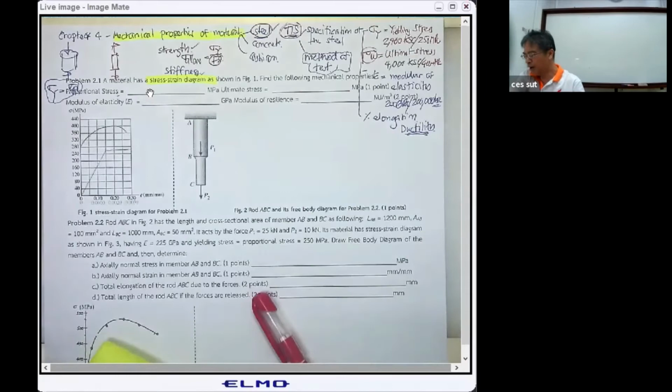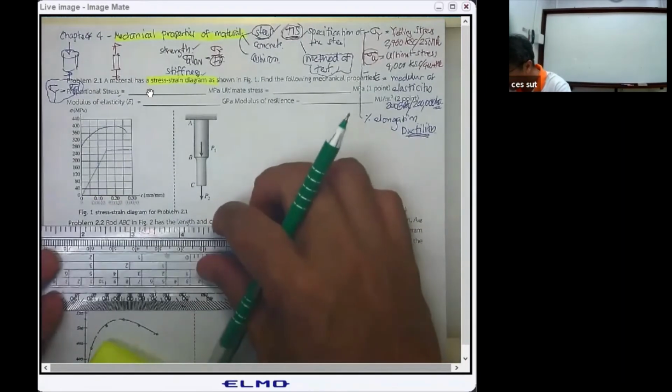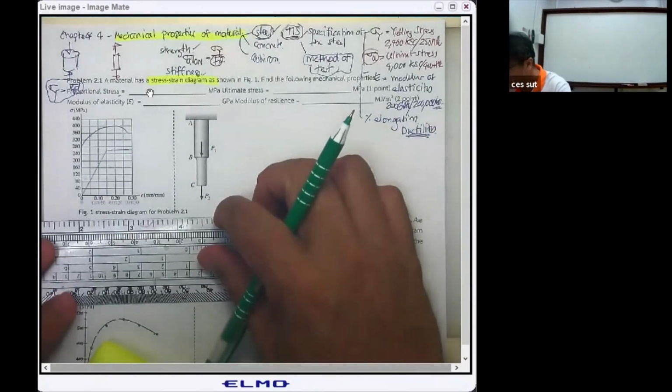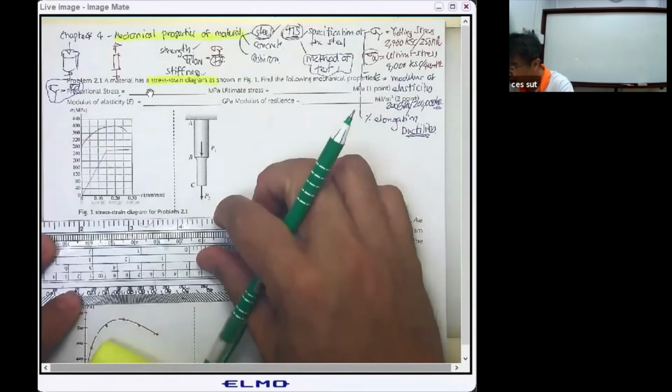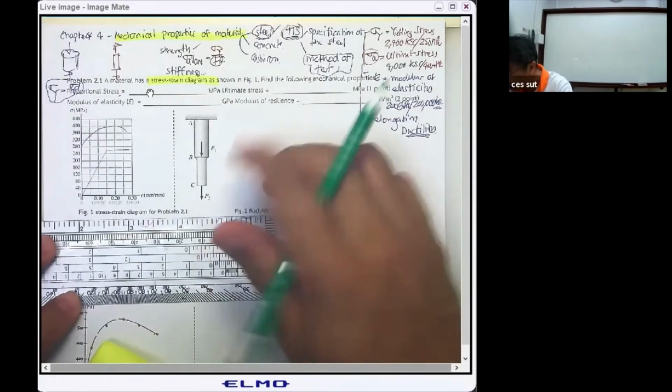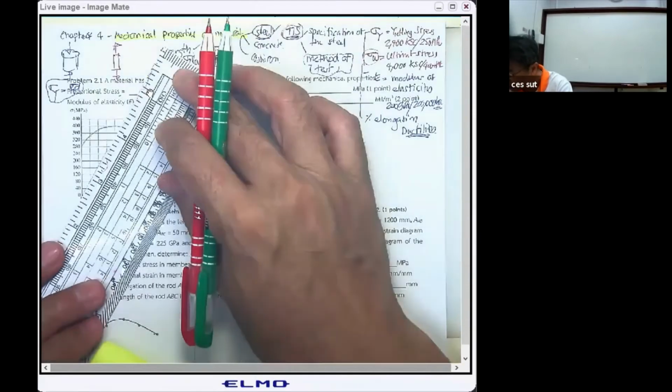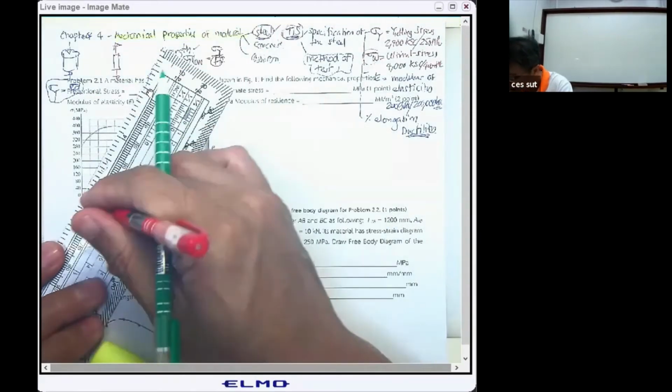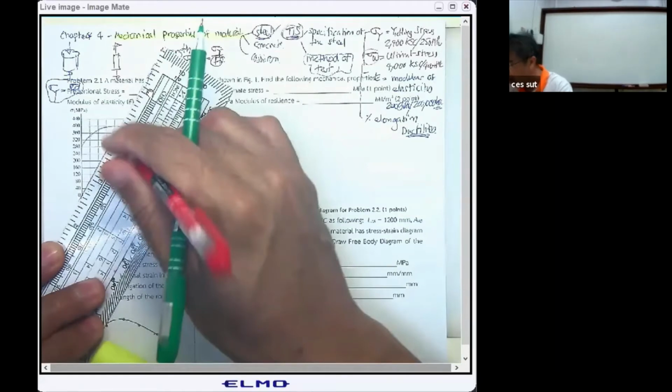So coming to the stress strain diagram for the material we are considering here, to determine the proportional stress, we are going to find the point where the stress strain relationship is linear elastic.